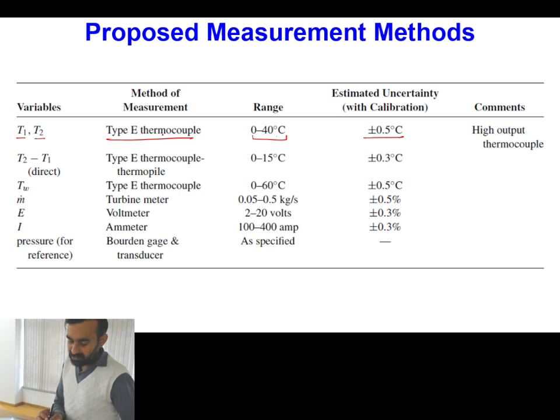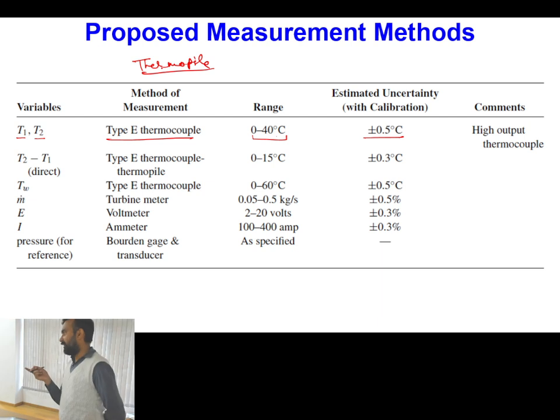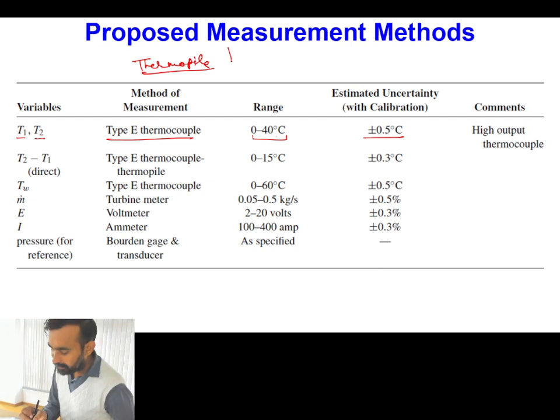So a thermocouple measures the temperature at a particular location, but we do have another alternative which is called a thermopile. A thermopile is a thermocouple arrangement which directly gives the differential temperature between two locations.